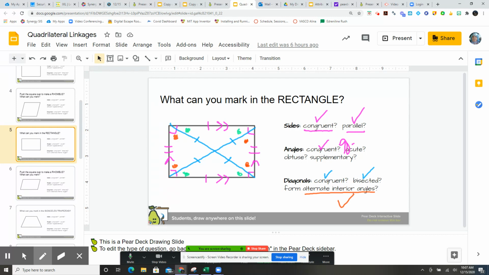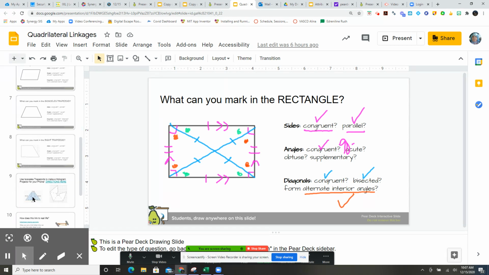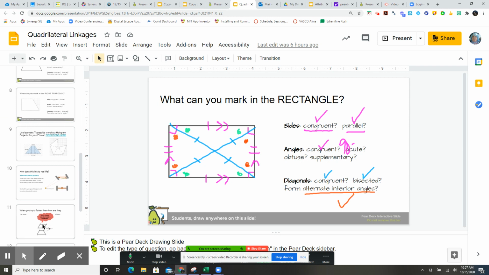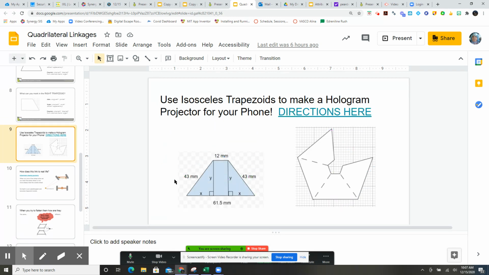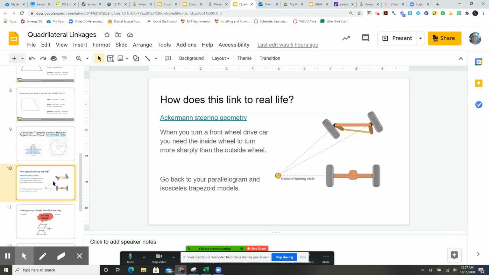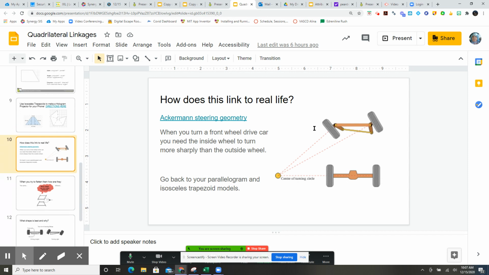So if you want to scroll through these, you'll see where we're going to pick up tomorrow. So we're going to do the parallelogram and the two trapezoids tomorrow. And then we're going to talk about some things on how they link together. If you have not made the hologram projector, you can still do that. The directions are right here. But then we're going to go on and talk about how quadrilaterals are used in steering mechanisms still in cars today.